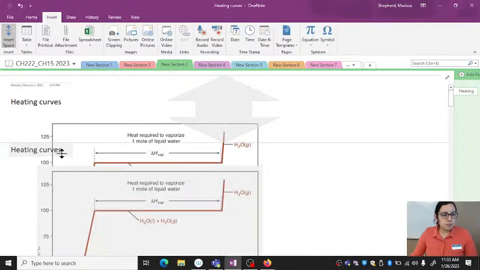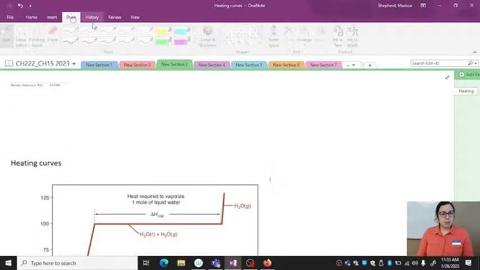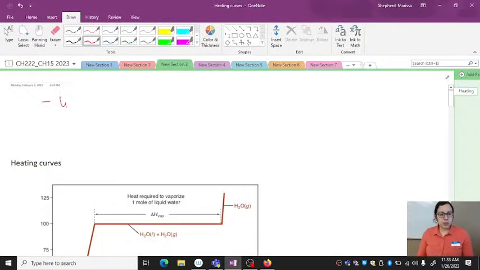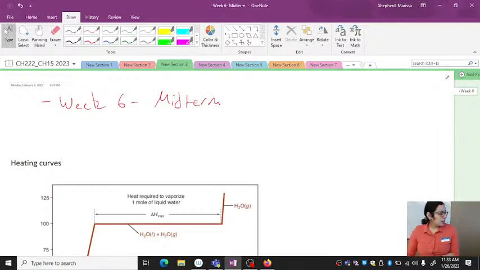I wanted to at least mention your midterm. It's not next week, but the week after, so week 6 midterm. We still have lecture next week, so looking at the syllabus, week 5 we'll be doing chapter 16, starting to get into solutions, probably molarity, I think, is that chapter.